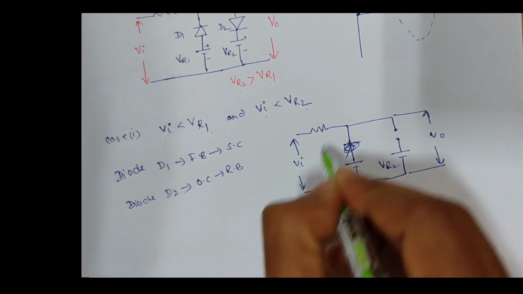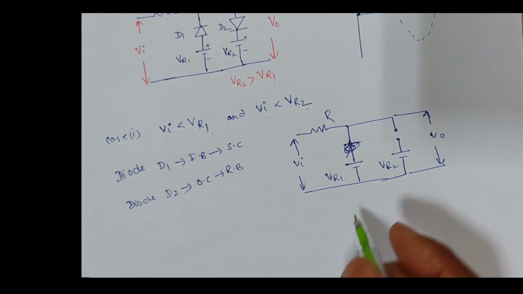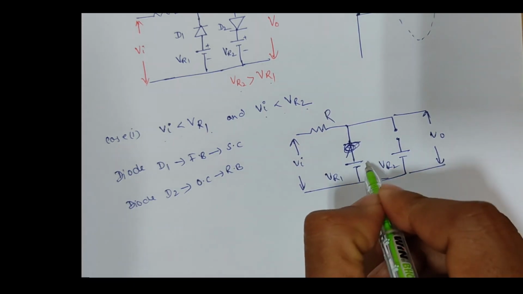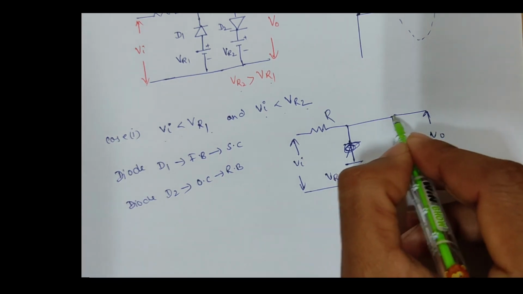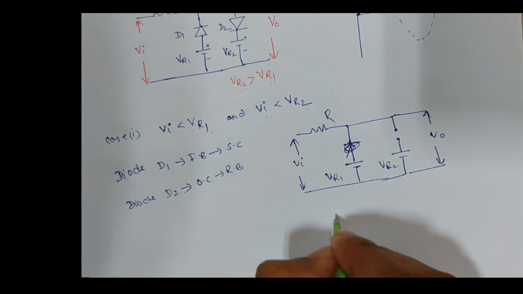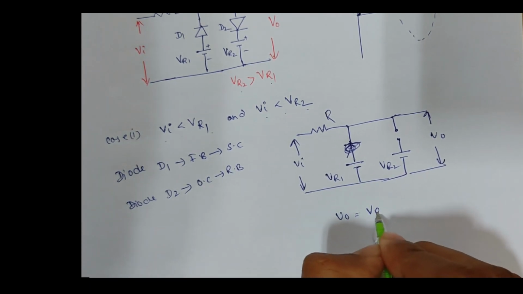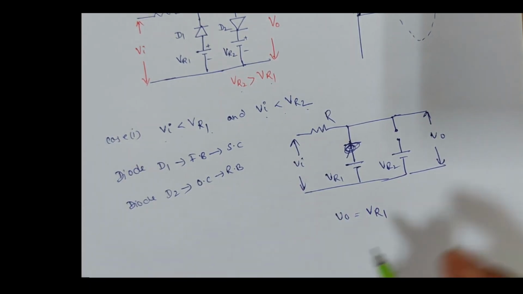So what we can write? Up to this point, the output equals VR1. From the circuit diagram, V0 equals VR1.